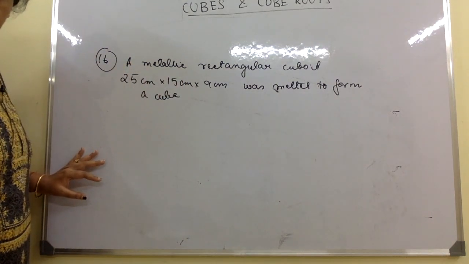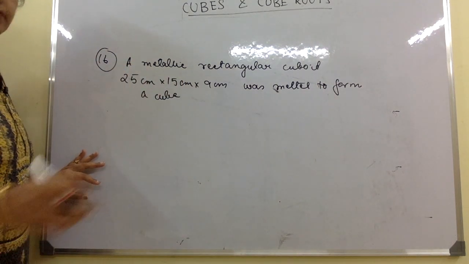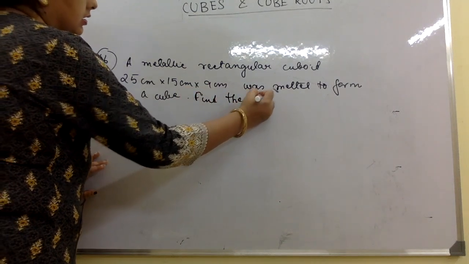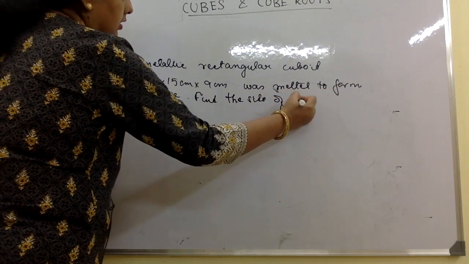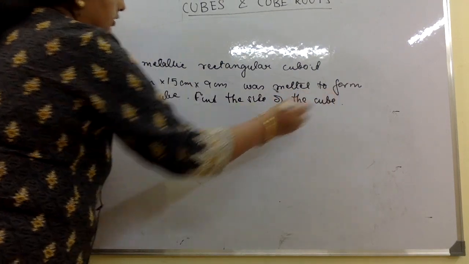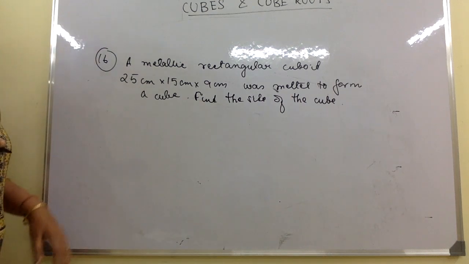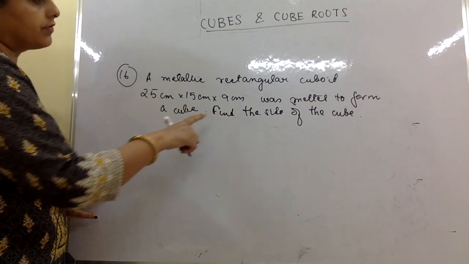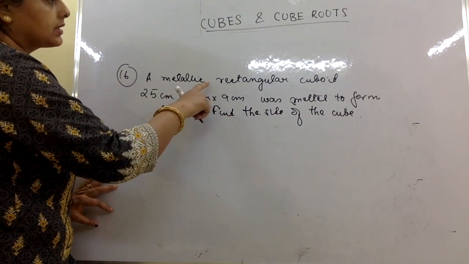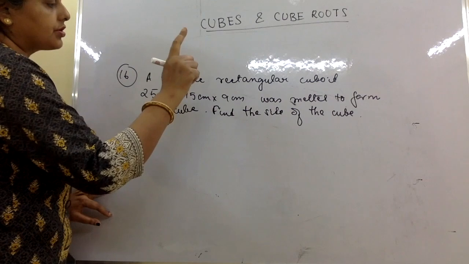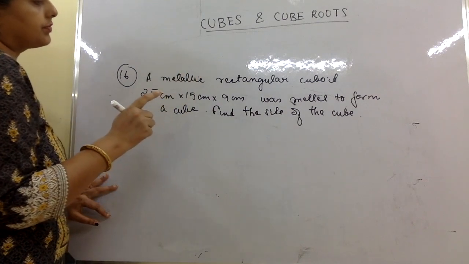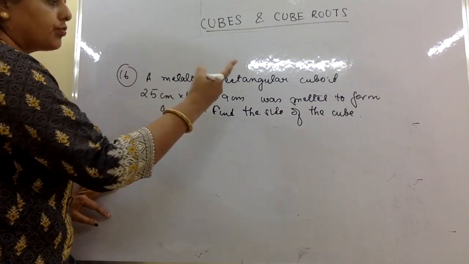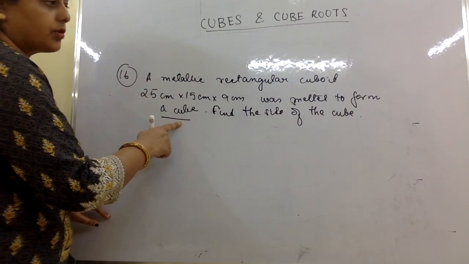Find the side of the cube. Okay, so this is a rectangular solid. The metallic rectangular cuboid has these dimensions. So one cuboid of this dimension was melted to form a new cube.